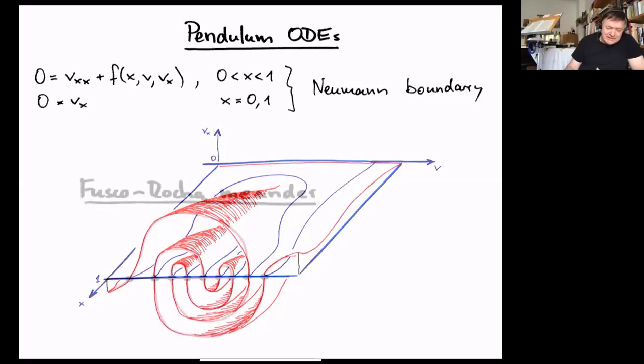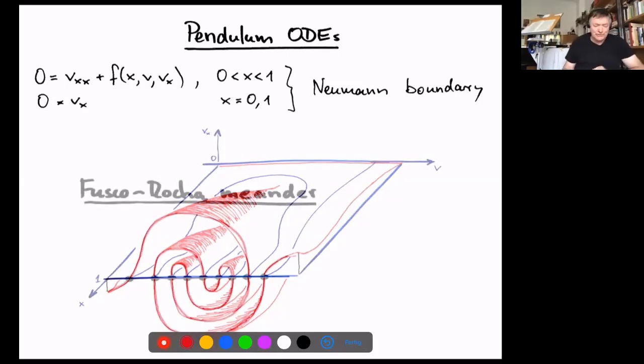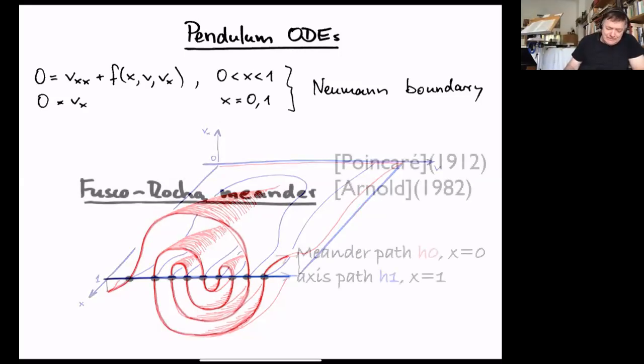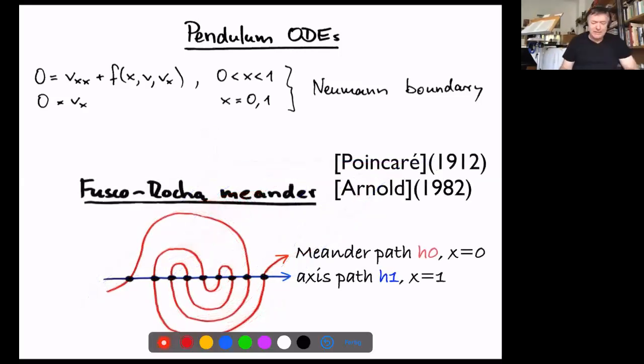So let's forget about the surface and just look at this curve at the end. And this is what we call the Fusco-Rocha meander, because Giorgio Fusco and our Carlos Rocha here, the default co-author, they studied these meanders. And now you can, of course, see 1, 2, 3, 4, etc. gives you a permutation. So this is how we arrive at meander curves from the pendulum equation.